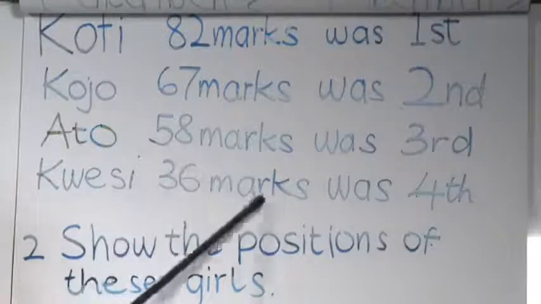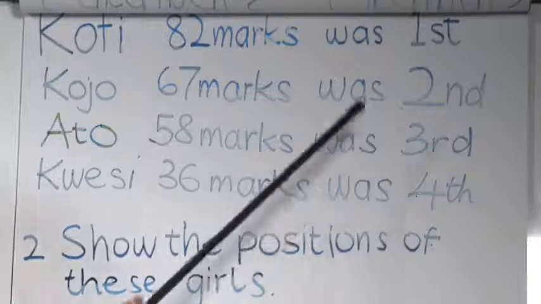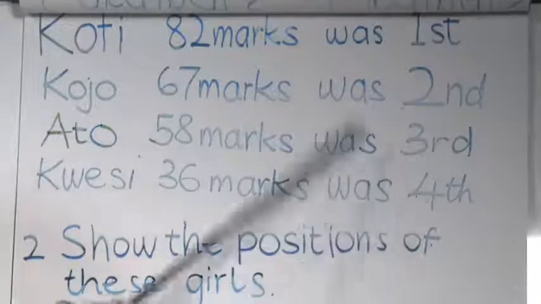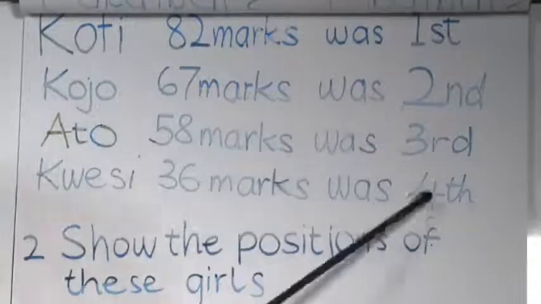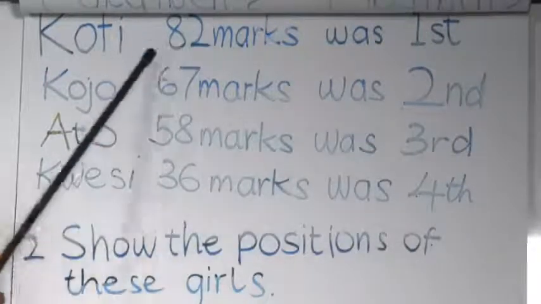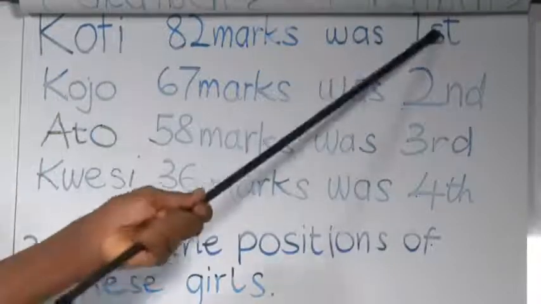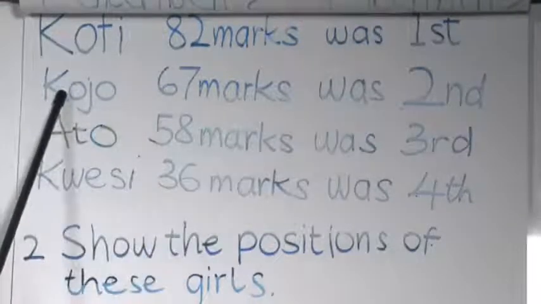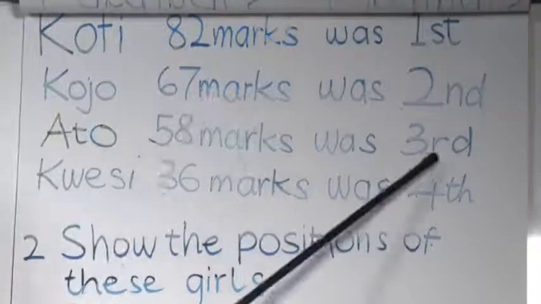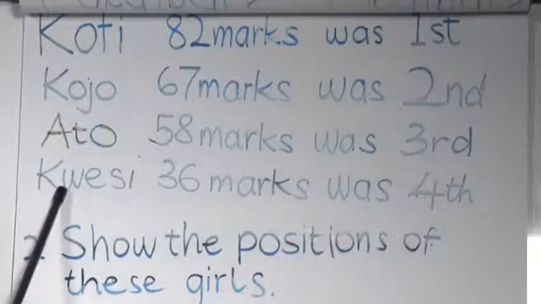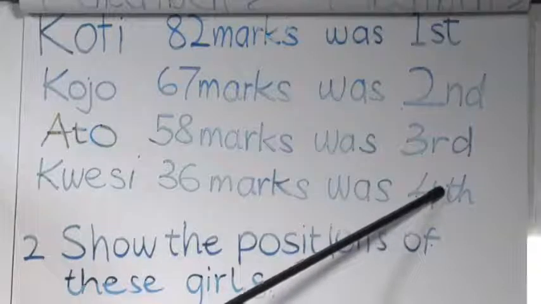Kwesi had 36 marks, and he was fourth. Okay. So we have Kofi first, Kojo second, Ato third, and Kwesi fourth.